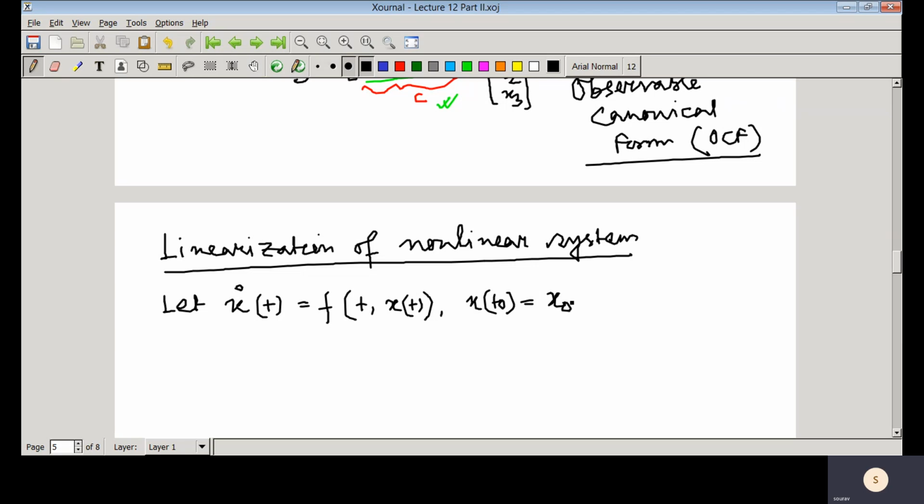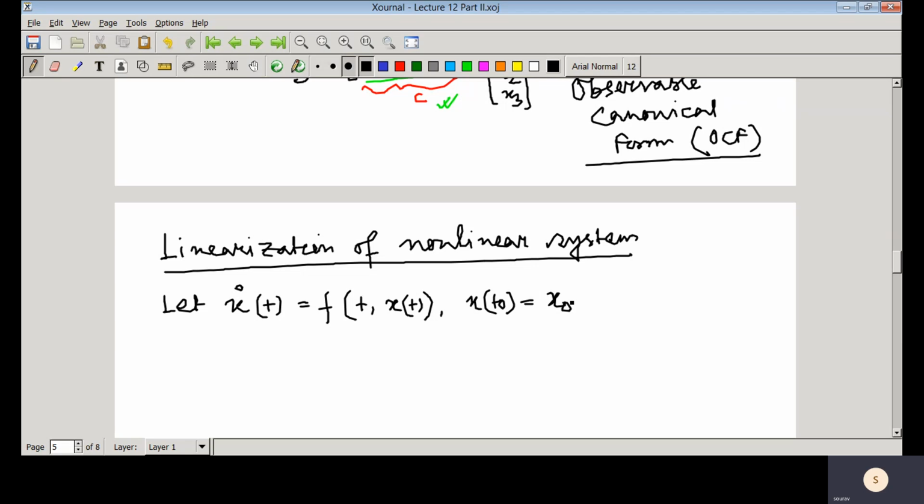So here first I am just going to introduce a concept called the equilibrium point. Whenever you have a dynamical system, it has some equilibrium points.